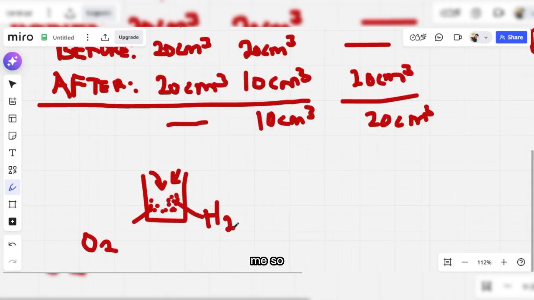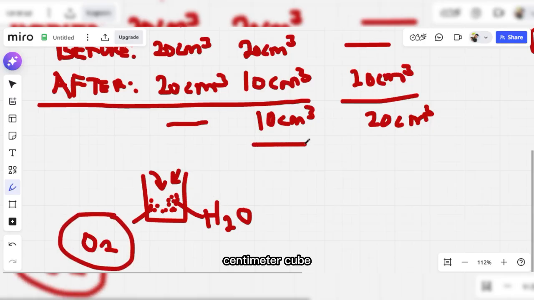Are you getting me? So if they ask you what is the volume of gas unreacted, they're asking you about the reactant that did not react completely, then it is oxygen and it is 10 cm cube. But if they ask what's the total volume of the results that we have, that means the 10 of oxygen that did not react plus the product that we have, which is 20, that will be 30.